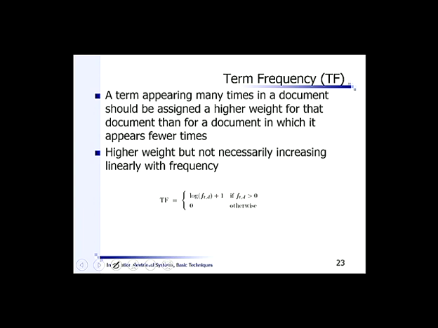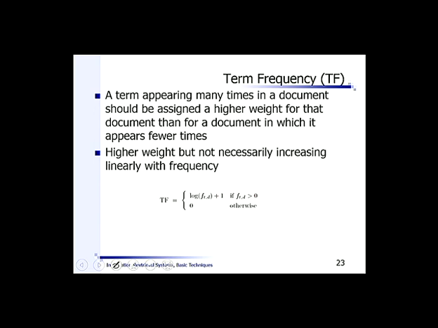Like if there is a term, let's say system, it appears only one time in a document, and in another document it appears 100 or 500 times. Of course, the second document is providing you more information about system. The first document has only one occurrence. So the more number of times a term appears in a document, the more weight it should be assigned, the higher value it should have.